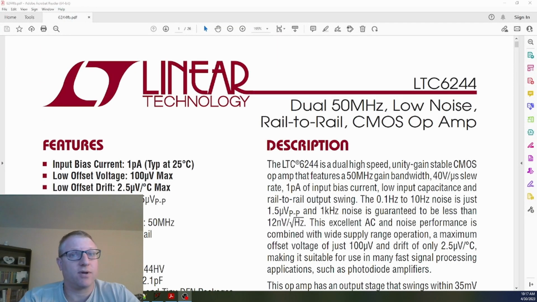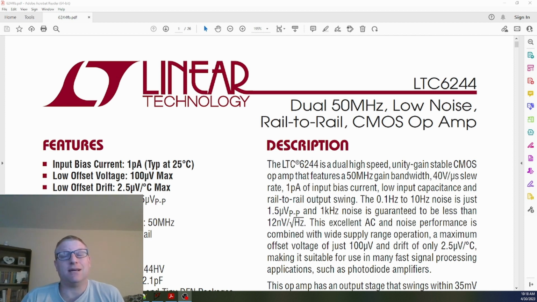To start off, we're going to have to pick an op amp. And so for this video, we're going to go ahead and take a look at the LTC6244 IC from Linear Technology. And this one is a pretty decent, pretty good op amp. Its main purpose is to be used as a transimpedance amplifier.